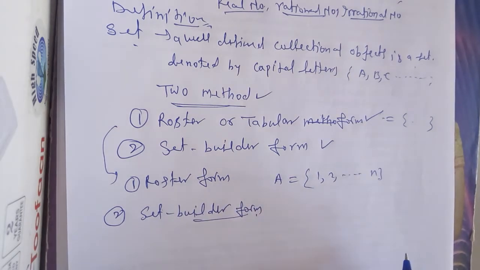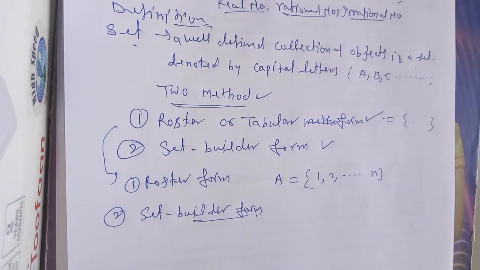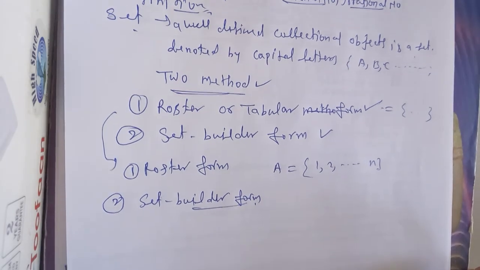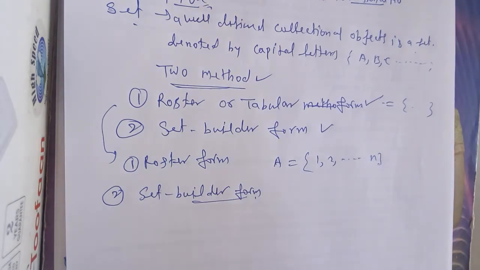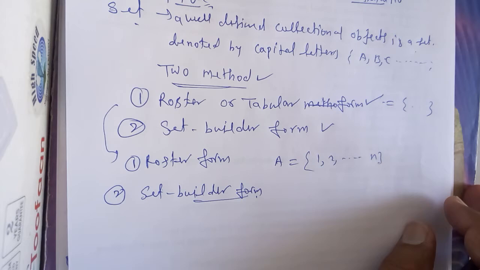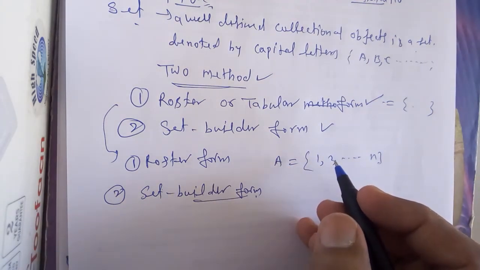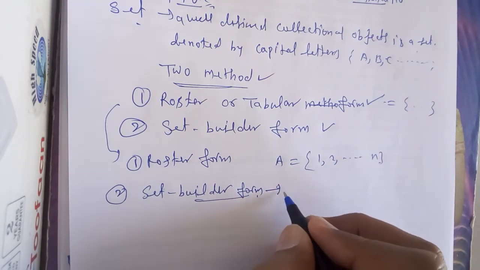Set builder form is defined as: all the elements of a set possess a single common property which is not possessed by any element outside the set.